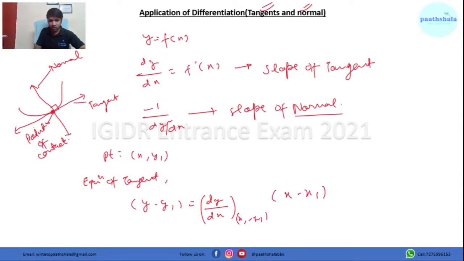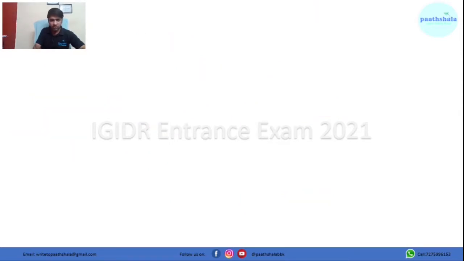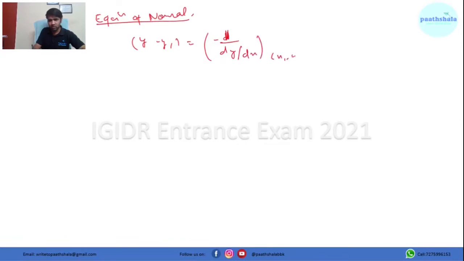Now the equation of normal: it is again y minus y1, and in place of slope you put the slope of normal, minus 1 upon dy by dx at (x1, y1), and in a bracket x minus x1.